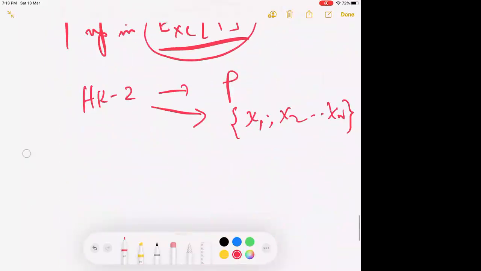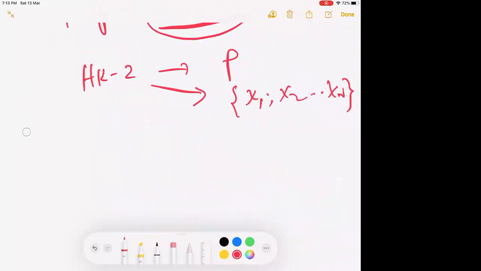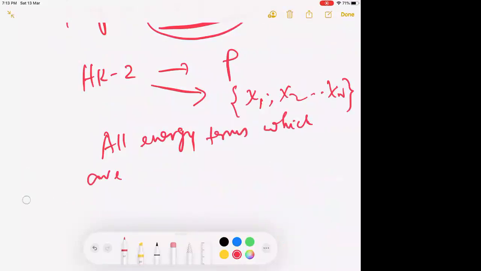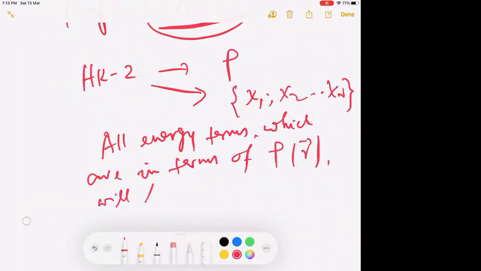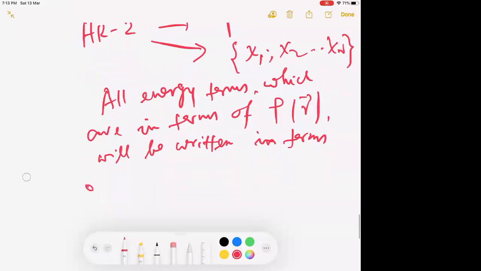So basically the strategy, before I do the Hohenberg-Kohn theorem, is that all energy terms which are in terms of density, or rho of r, will now be written as the spin orbitals.